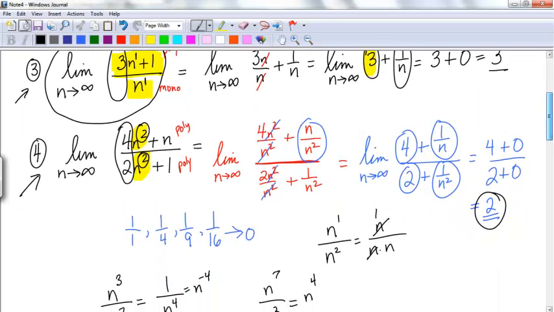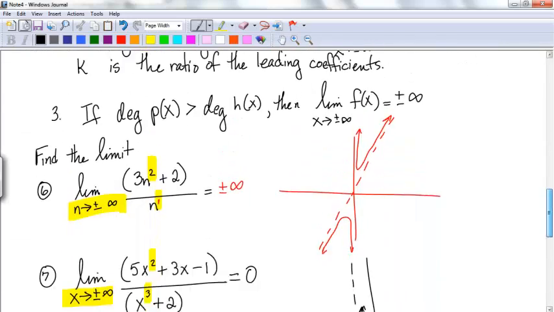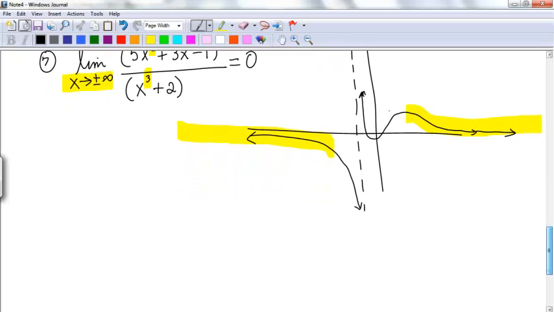Okay. I think you'll like the calc shortcut. If the degrees are the same, it's the ratio of the leading coefficients. Yep. Divide them out. So if I gave you one like this, you should be able to do it by sight.